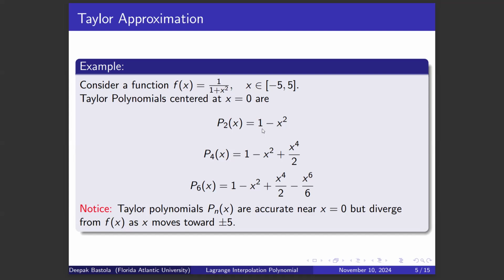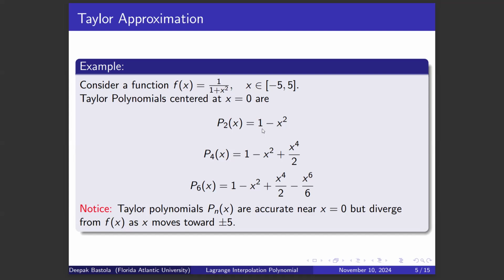So f(x) equals 1, p2(x) equals 1 for center at x equals 0. So p4(x) also becomes 1, and p6(x) also becomes 1. So you see, at the center, the Taylor polynomial is the best polynomial to approximate the function. You are getting exactly the same value.